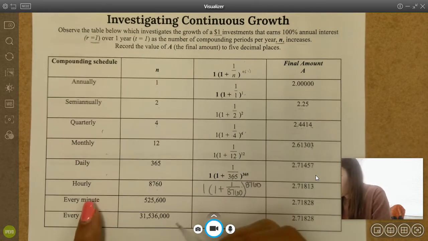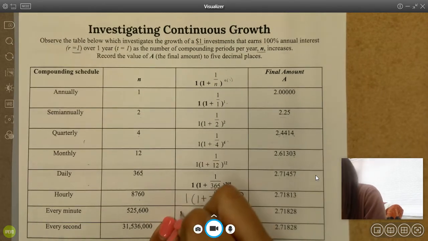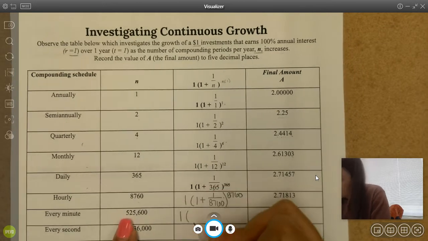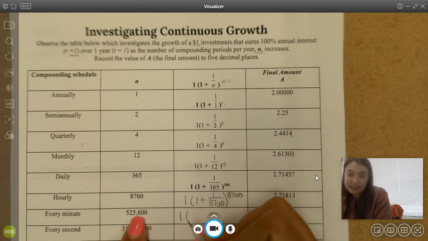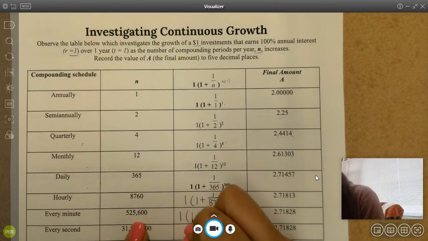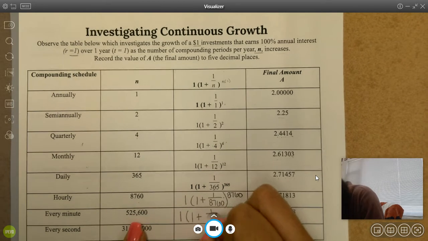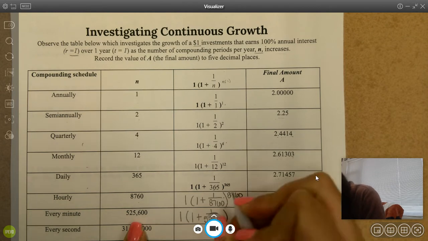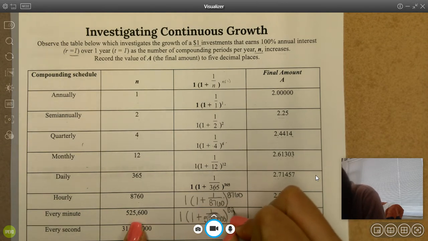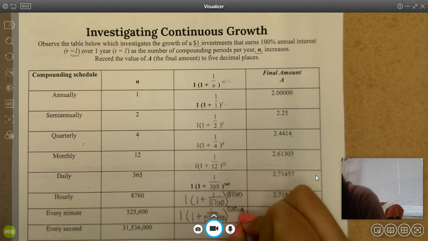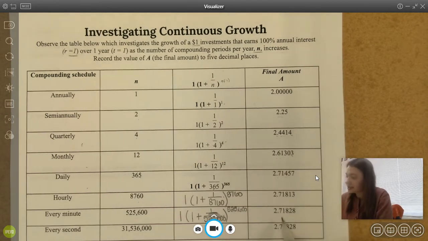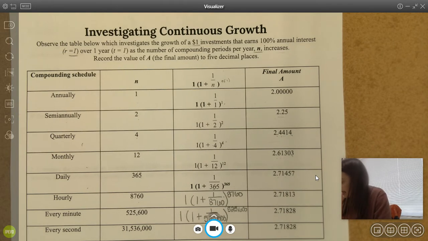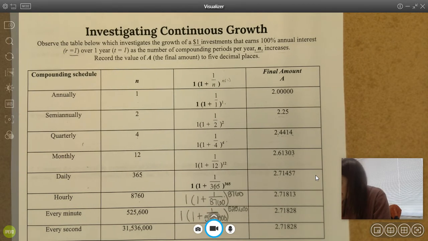Something that happens every minute, well, that would be where our n value is 525,600. So 1 times 1 plus 1 over that value, raised to that power, and that gives us the value of 2.71828.